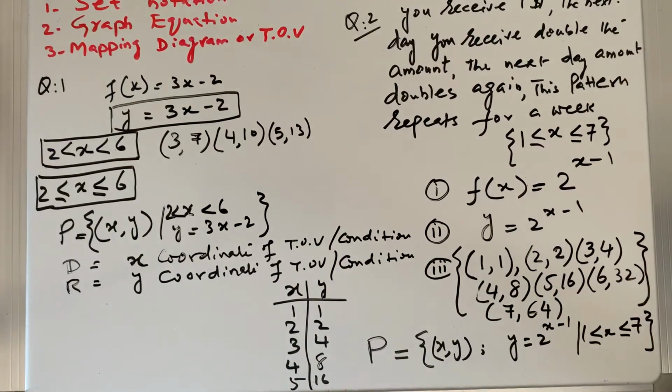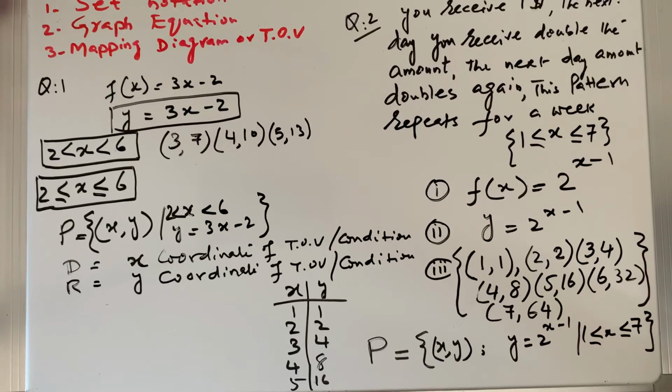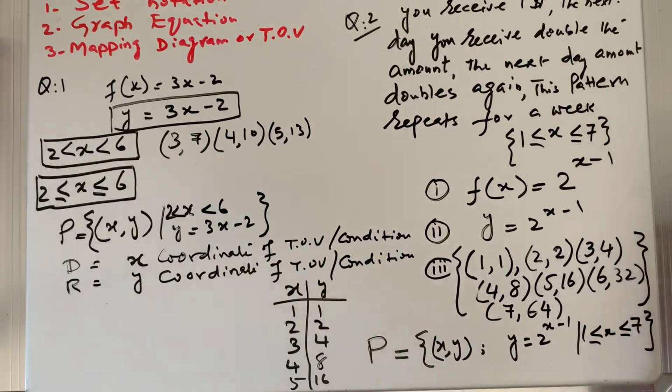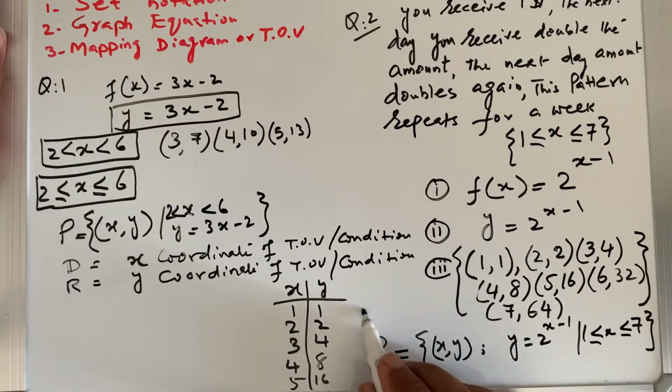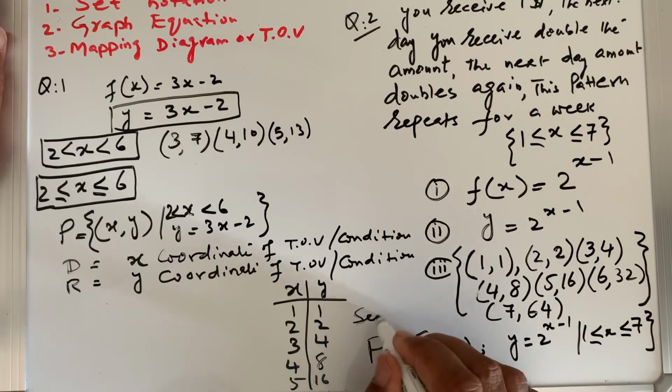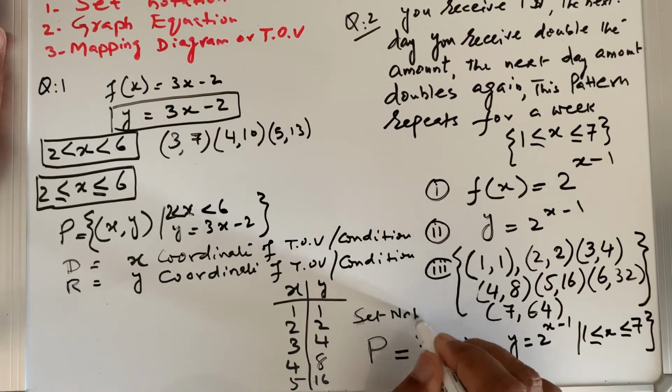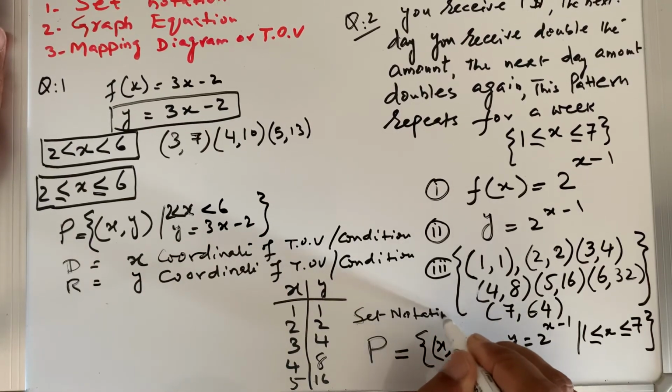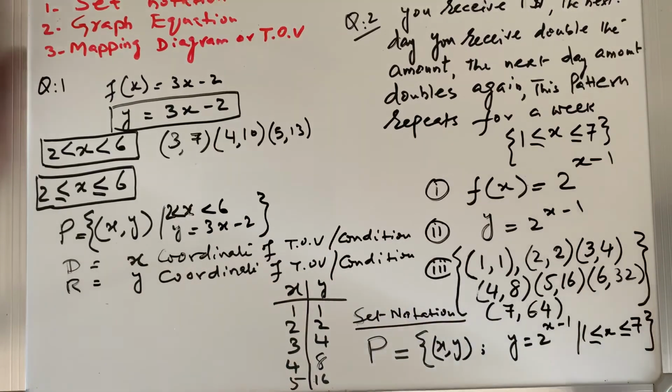So first of all, we have to develop the equation, or you can do whatever is easier for you. For example, if you develop the equation first, then the ordered pair and the set notation is easy. So we develop the equation first and then we put it into set notation, right? So that we have everything in place in the set notation, that is, the conditions on domain and range.